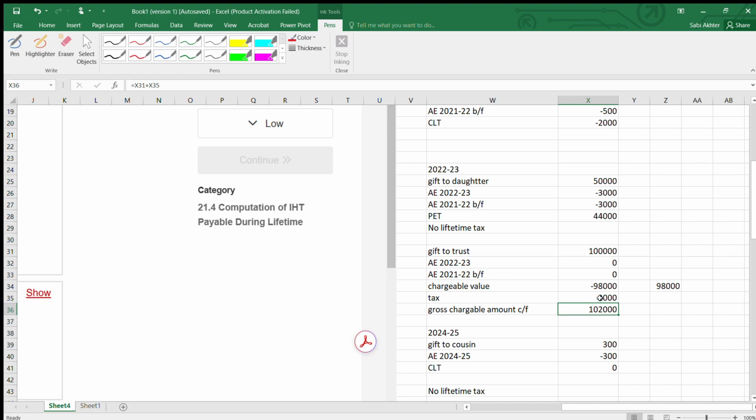Okay, and this 2,000, if you are taking the tax 25% on this 2,000, that is 500. This is nil rate band remaining. Then this is the taxable amount.